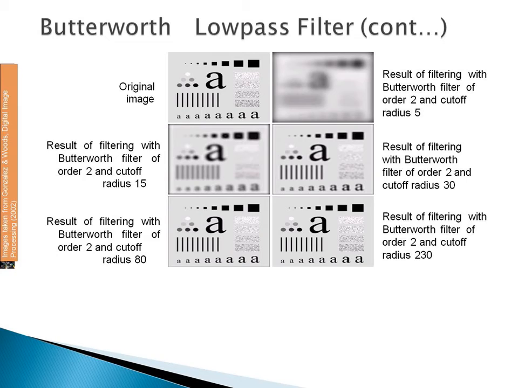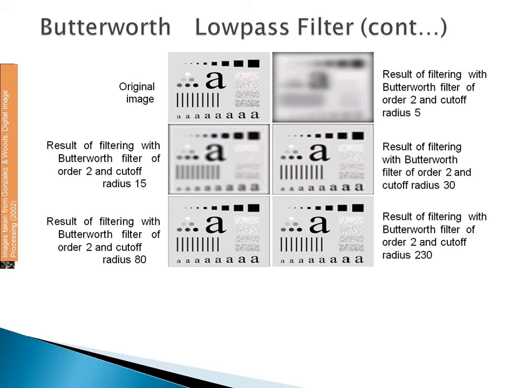Here we can make a transition from high to low or low to high without much difference. We are considering radii of 5, 15, 30, 80 and 230, and you can see that the picture becomes better and better with the Butterworth low pass filter.